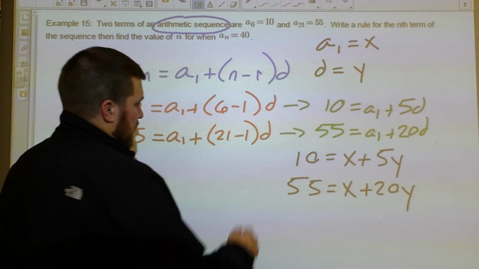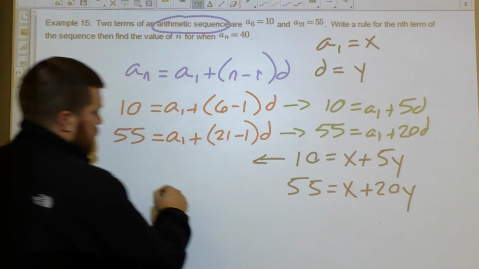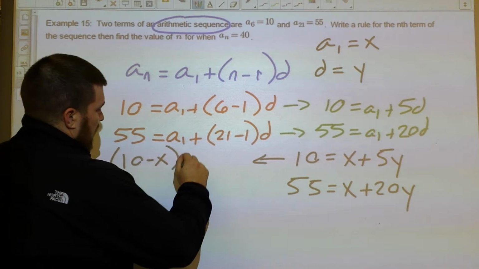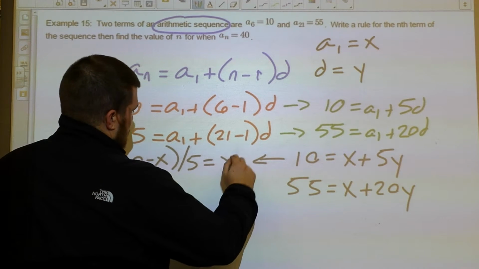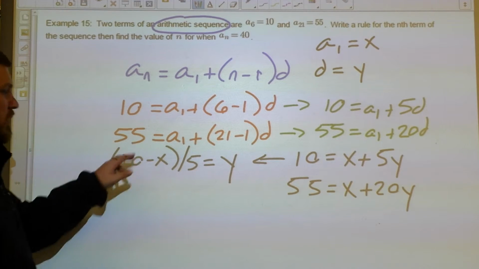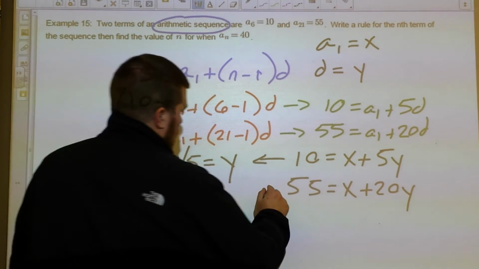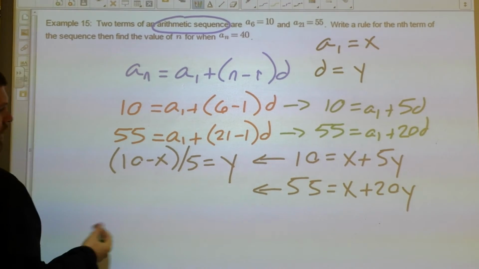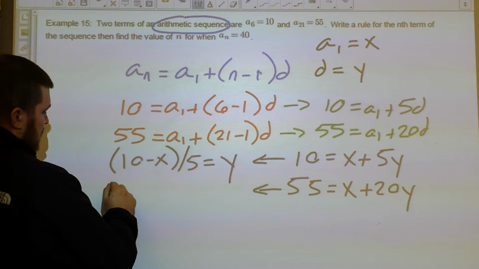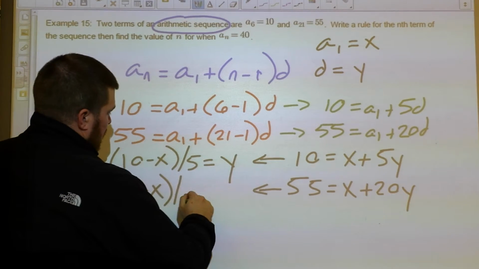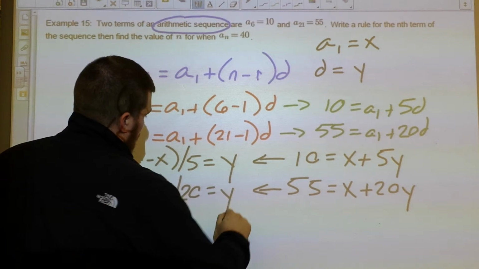I'm not going to bother with that scratch work, but the top equation becomes (10 minus x) divided by 5 is equal to y. There's more than one thing on top, so I've got to have parentheses around 10 minus x. The bottom equation becomes (55 minus x) divided by 20, and that's equal to y.